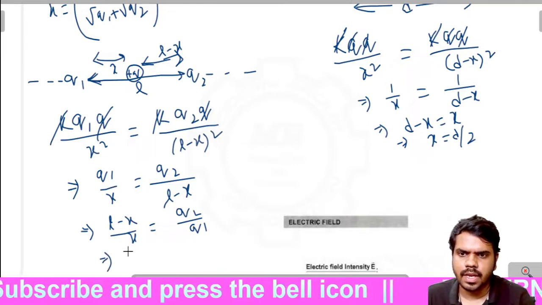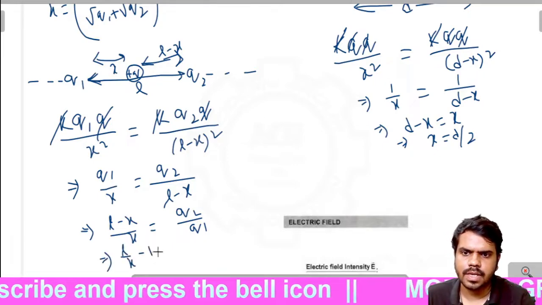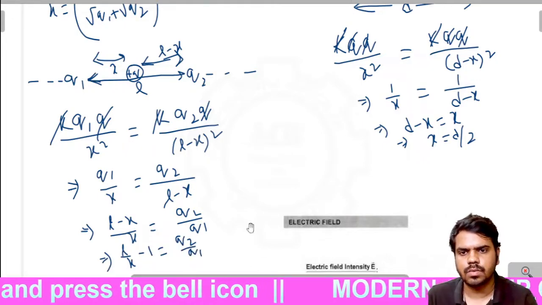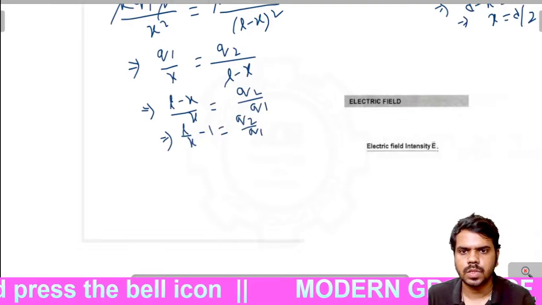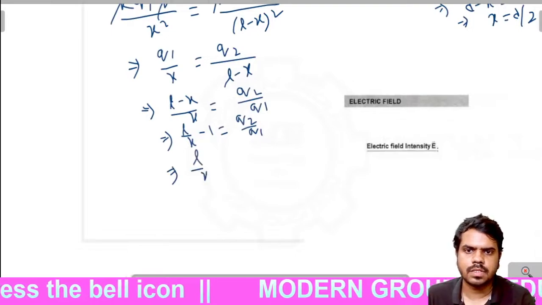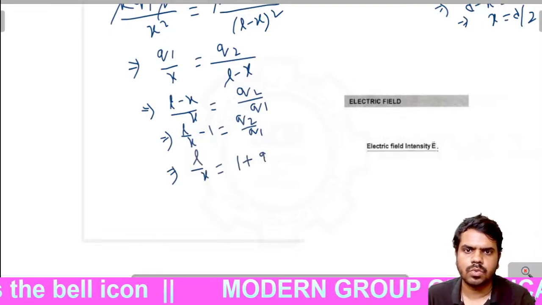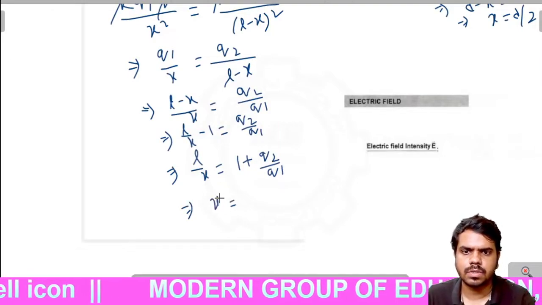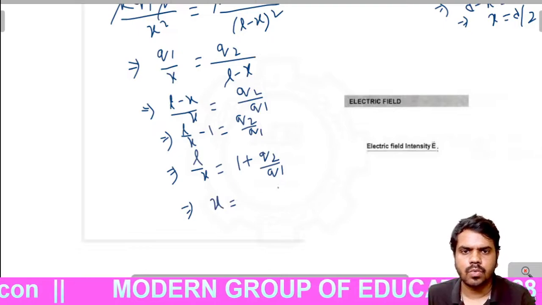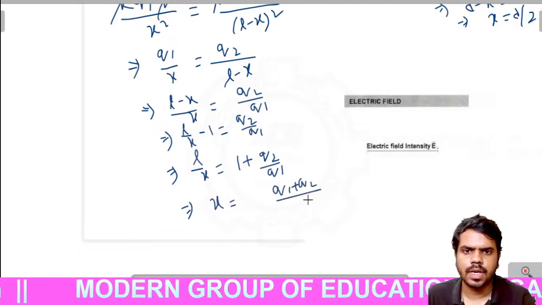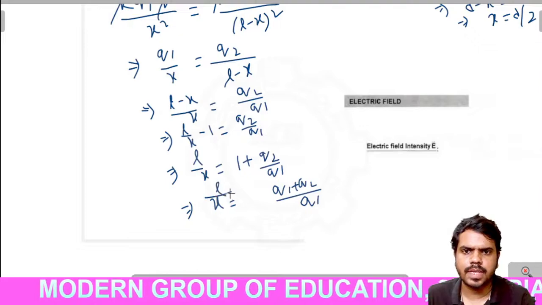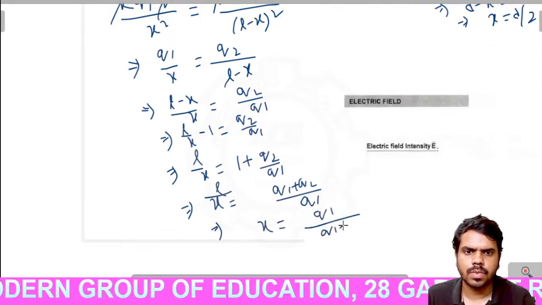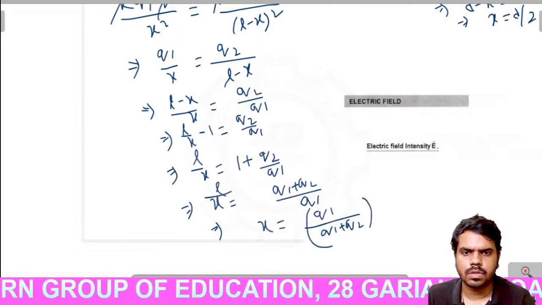Hence L by x minus 1 is equal to root q2 by root q1. Now L by x is equal to 1 plus root q2 by root q1. That means x is equal to root q1 by root q1 plus root q2 into L.